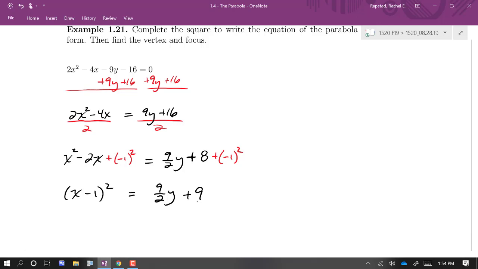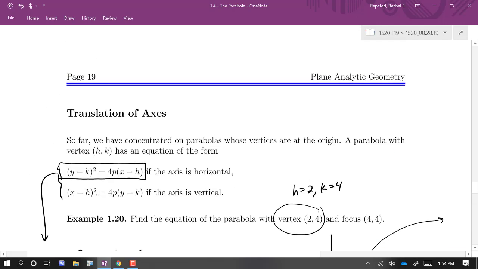We're not quite done rewriting this equation because it's not quite in standard form. On this side, what we want is 4p times y minus k. The important part about that standard form is that on the right side, it's just plain old y minus k.